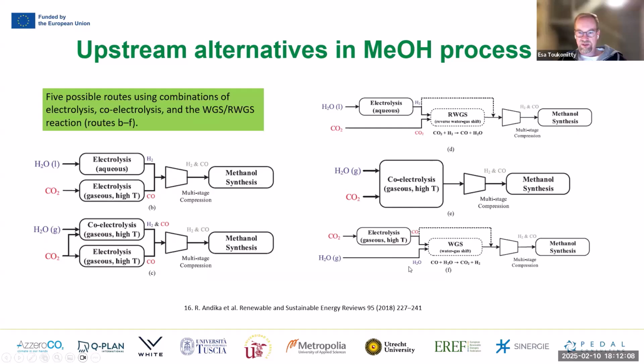Here is the last, fifth possibility, electrolysis and water gas shift, and complete the methanol synthesis from those ingredients. Just like that, if you use these raw materials, there are variations in these techniques.